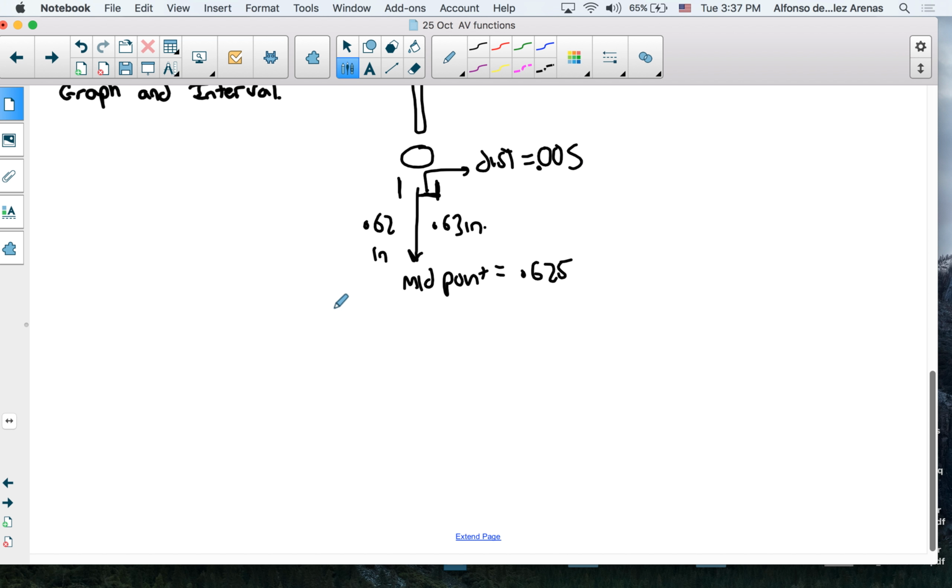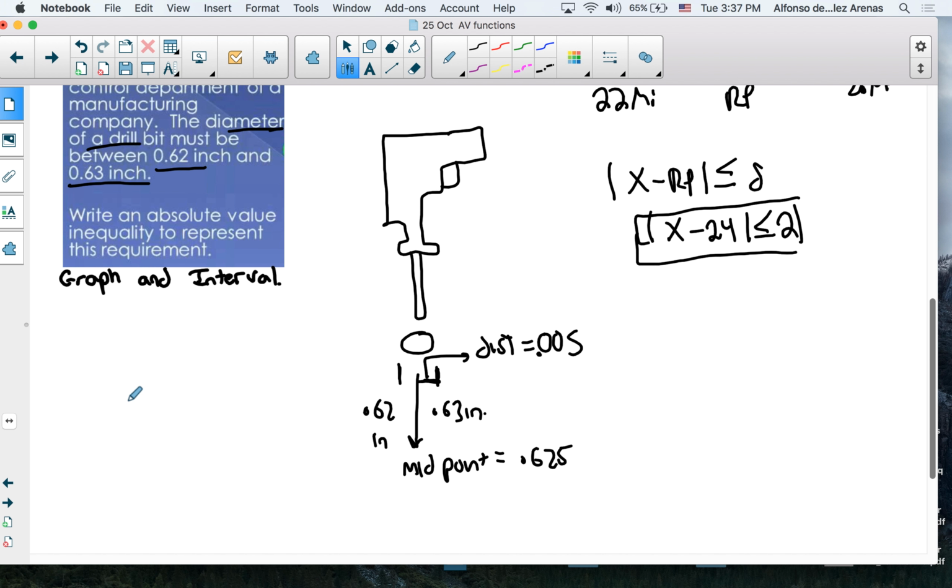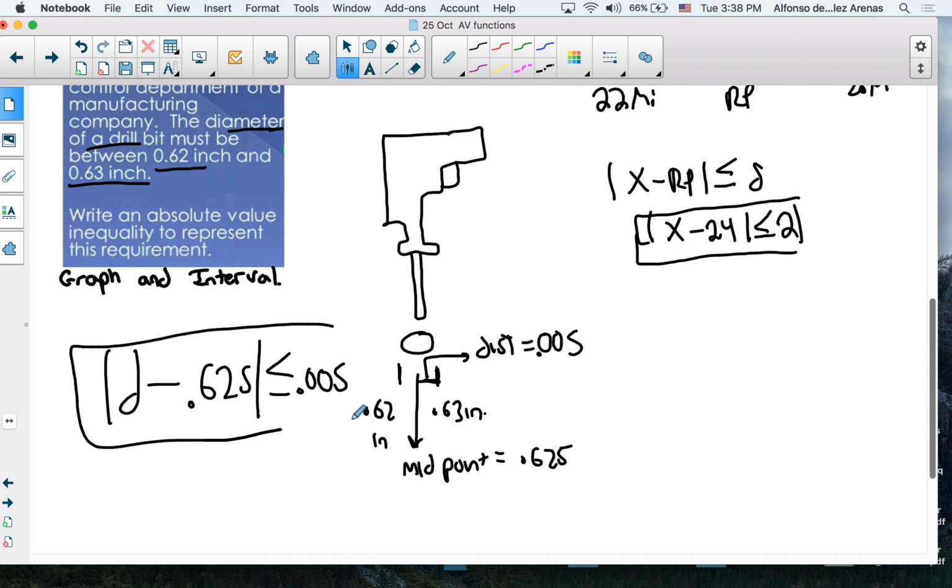It could be plus or minus. It means that the drilling would be from 0.625 between 0.005.